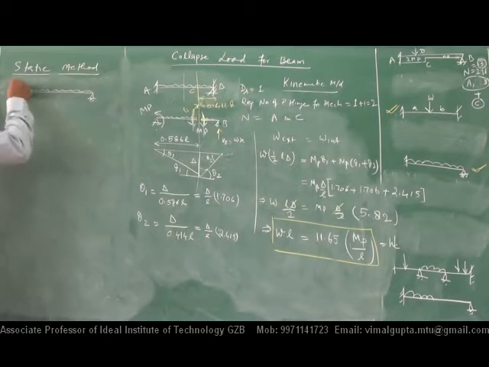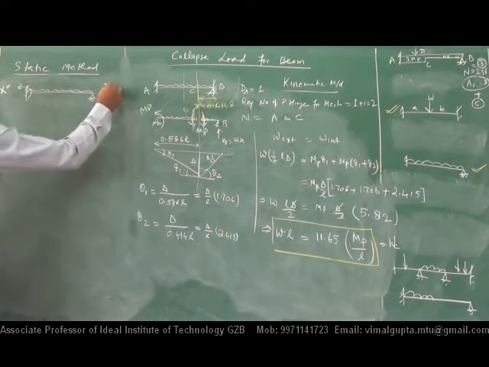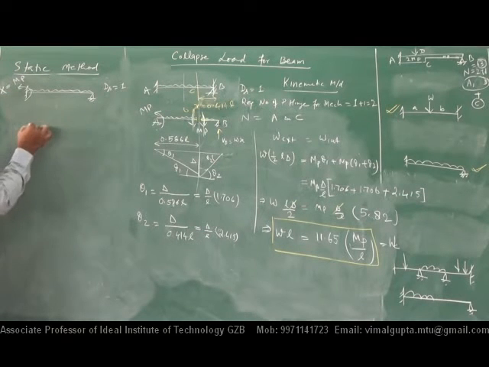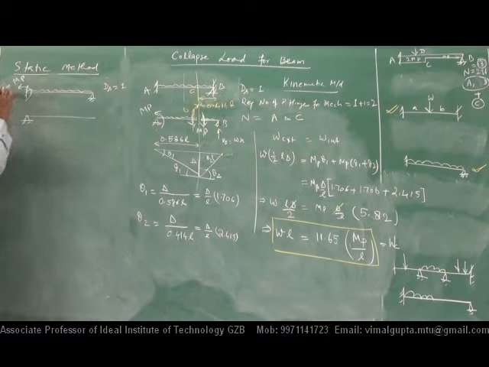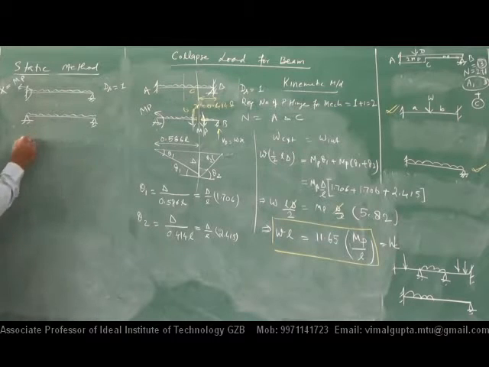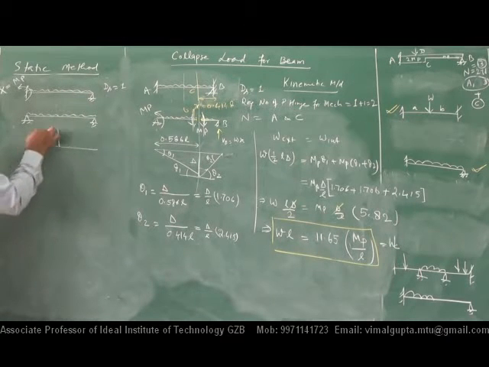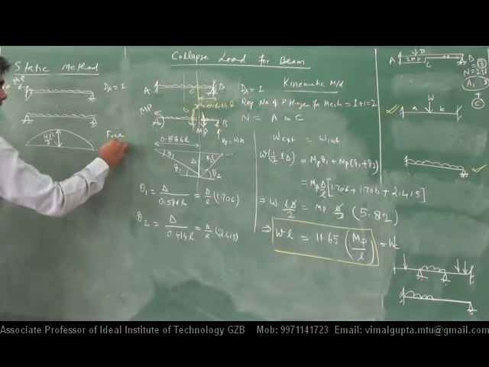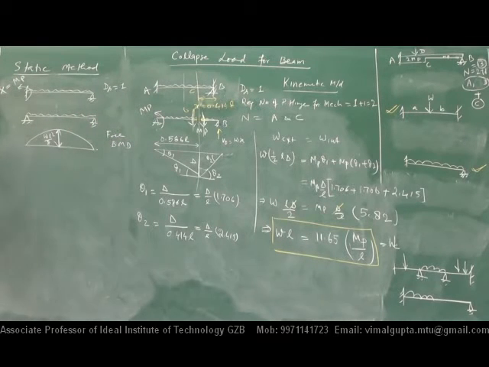Since the value of ds equals 1, the number of redundants will be 1, and its value after yielding can be MP. For the free BMD, that redundant has to be removed, and after removing that, we will get that structure, and we will have the bending moment WL square by 8. So it is the free BMD.